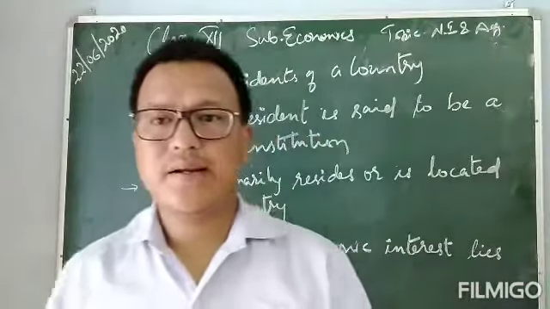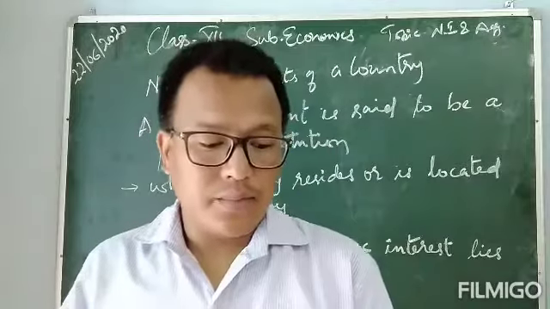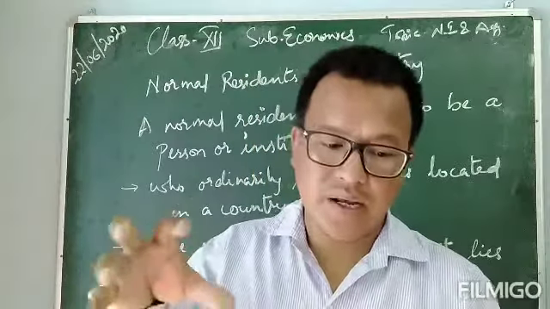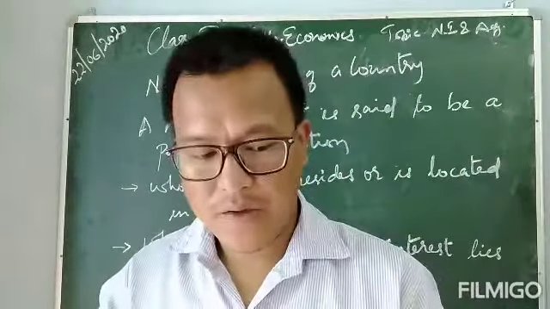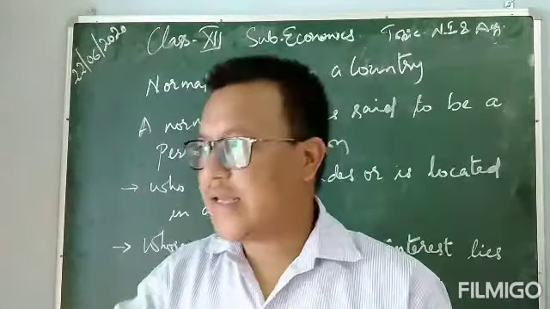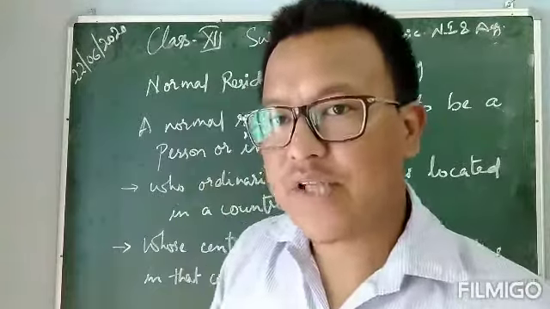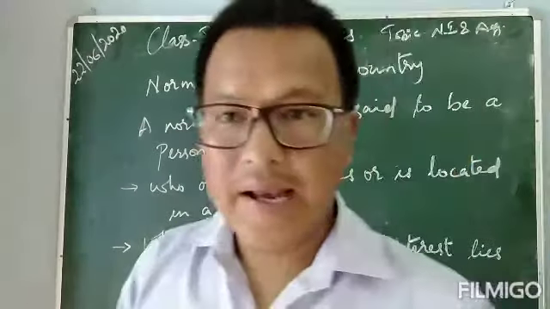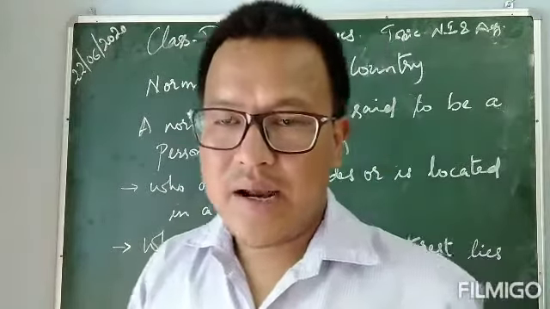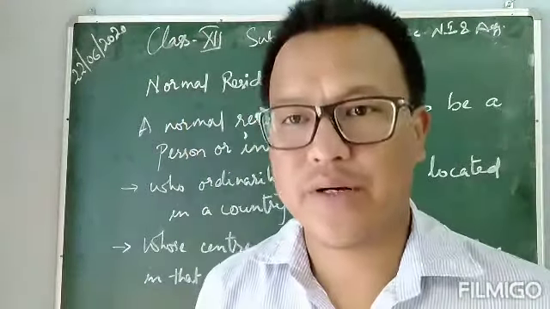Now let us understand the implication of normal residents. Production activity of the residents of an economic territory is national income. Whatever production activities the residents undertake is called national product. For example, GNP, gross national product, and NNP, net national product, are some examples of national products.